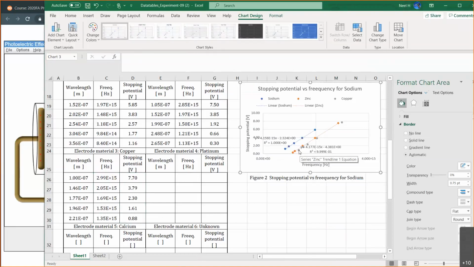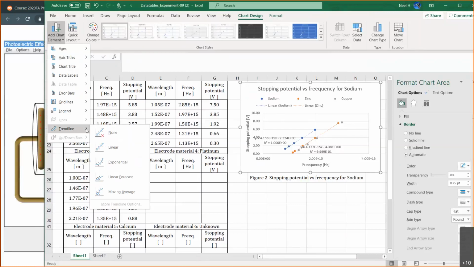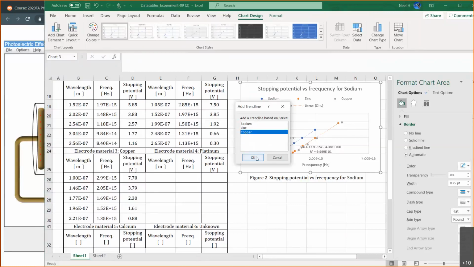So that goes very close to the previous data points. Right here, you can see it is extremely close to the previous data set, and that's okay. Just add the chart element, trend line, linear for the copper.